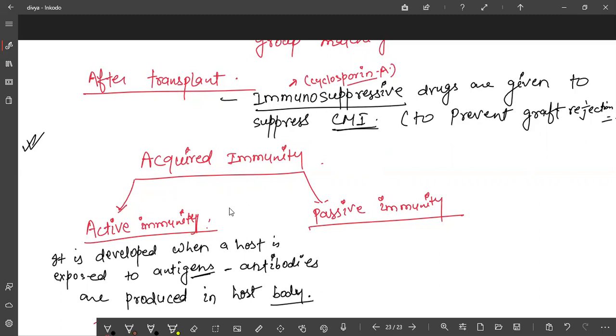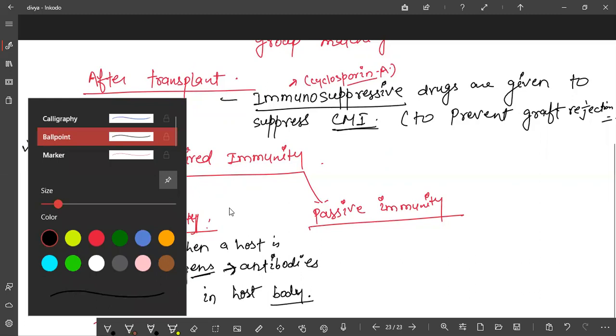So when will active immunity develop? When a host is exposed to antigens, then antibodies are produced in the host body. Then it is called what? Active immunity. Is it clear to you? And the next is passive immunity.